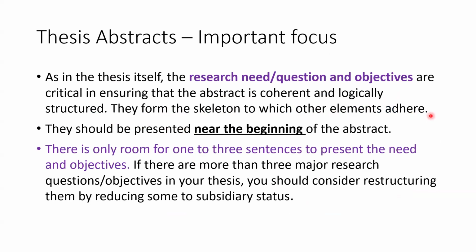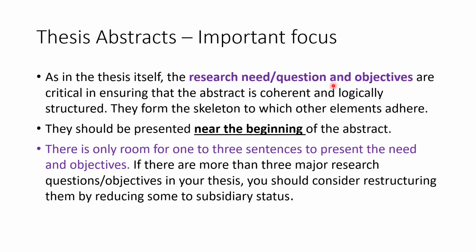You have to put this very early in the abstract, the research need, the question and objectives, because they are the basis for your thesis. I think it's the skeleton of the whole work, right? So please try to describe them clearly, right? Without a clear write-up on research need, question and objectives, your thesis abstract will be weak, right?